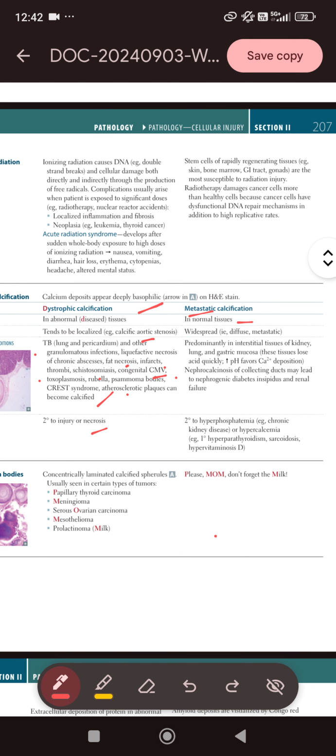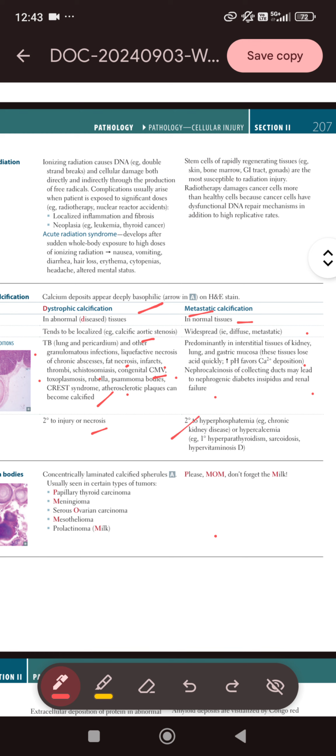Now for metastatic calcification, it occurs predominantly in the interstitial tissue of the kidney, lung, and gastric mucosa. These tissues lose acid quickly, which increases the pH and favors calcium deposition. Nephrocalcinosis of the collecting ducts may lead to nephrogenic diabetes insipidus and renal failure.